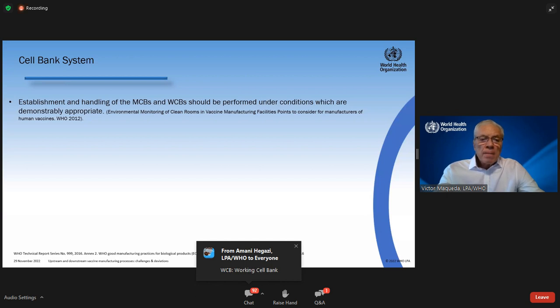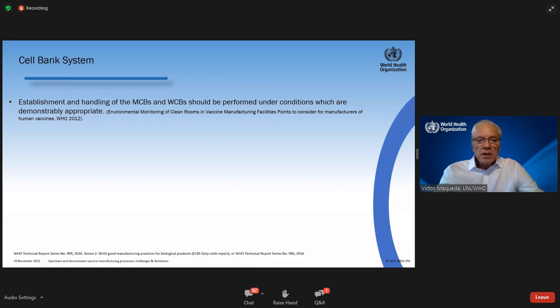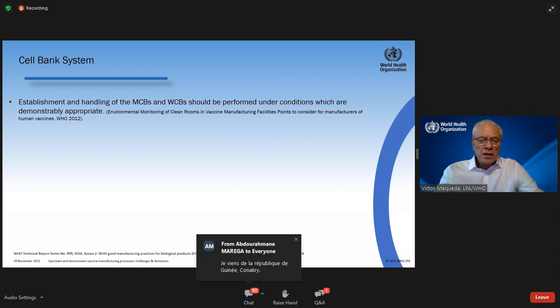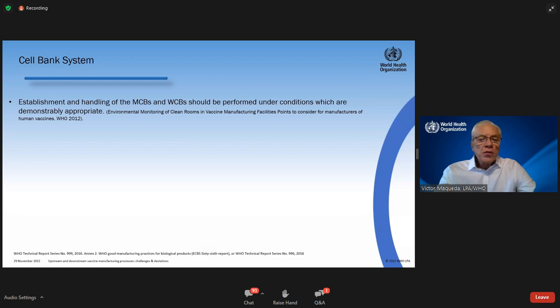So we need to interpret this, and one way that we suggest is that you check this WHO guidance document, which has been mentioned in a couple of sessions before: environmental monitoring of clean rooms in vaccine manufacturing facilities, points to consider for manufacturers of human vaccines, from 2012.